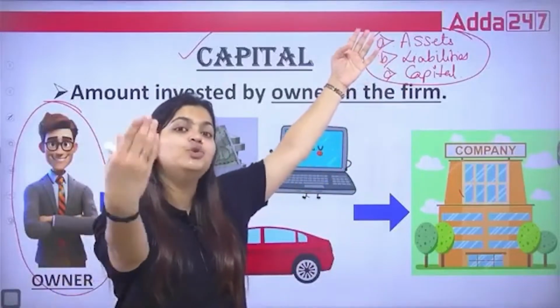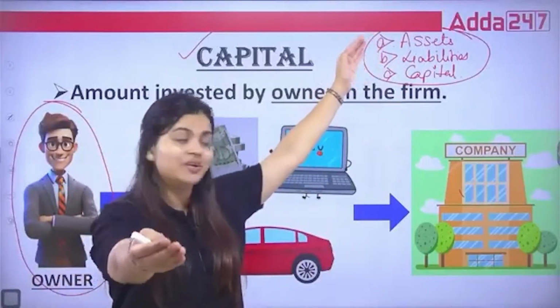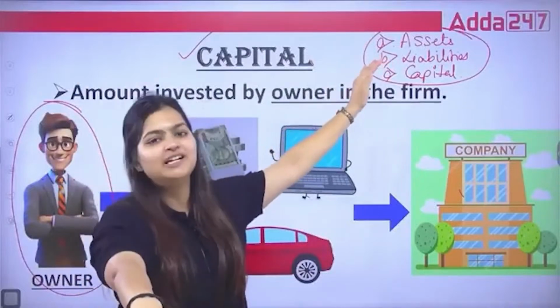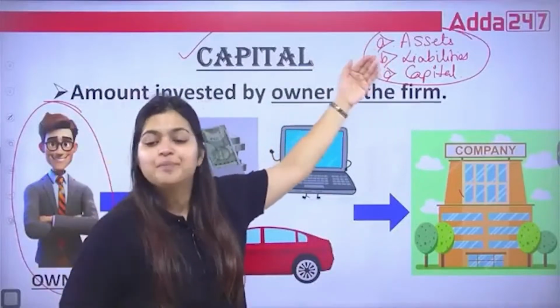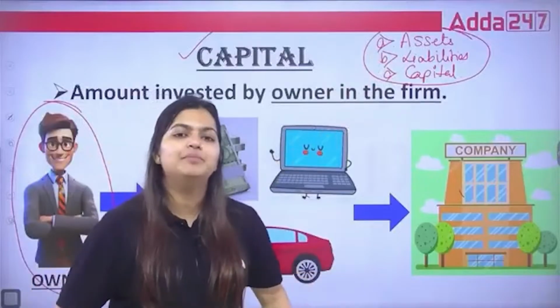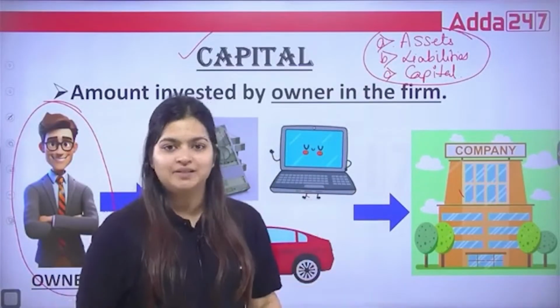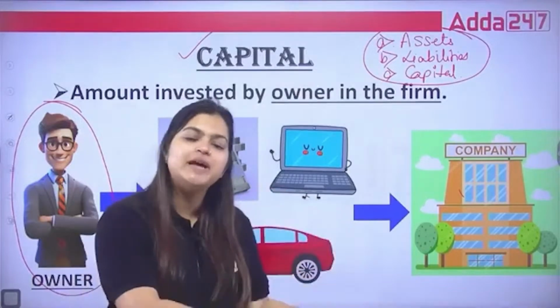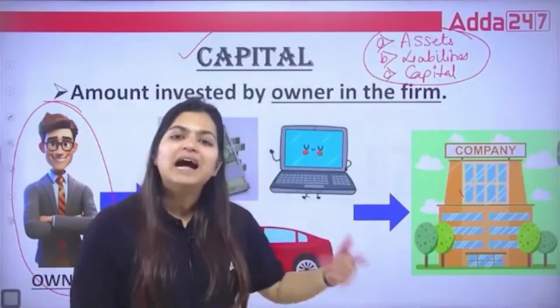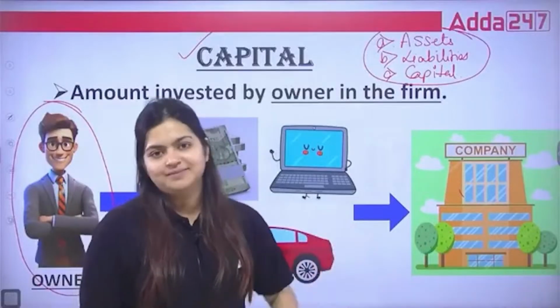Assets: you have the control, you are the owner. Liabilities: you have taken the obligation to repay it. Capital: when you start any business, you are investing it. As an owner, whatever I am investing in my business is going to be capital.